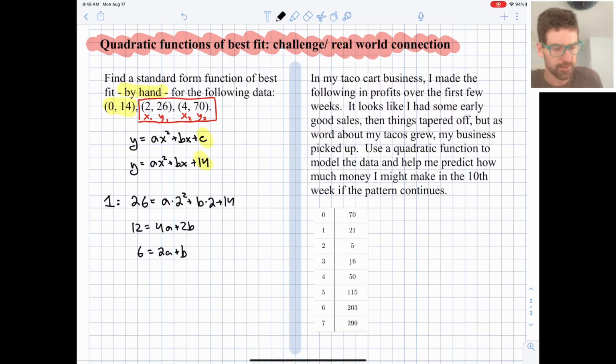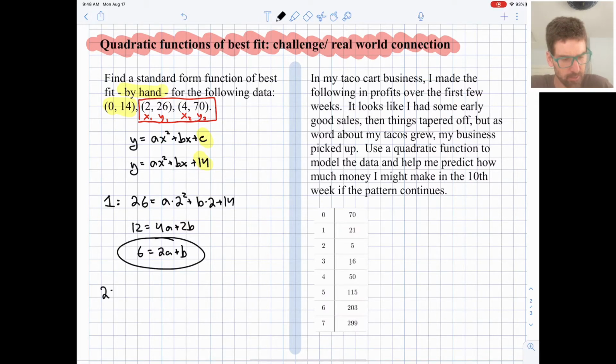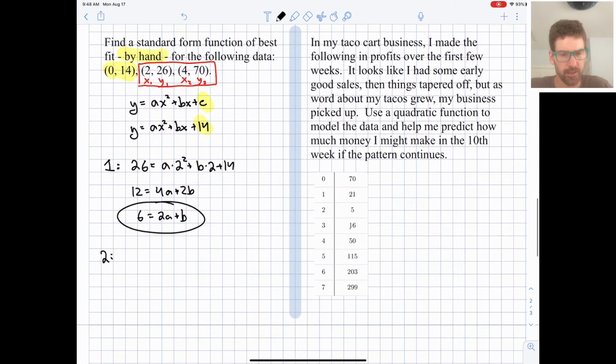So there is one equation with a and b being the unknowns. Let's do our second one. Here we have 70 equals our unknown a times x squared, plus our unknown b times x, plus our c of 14.